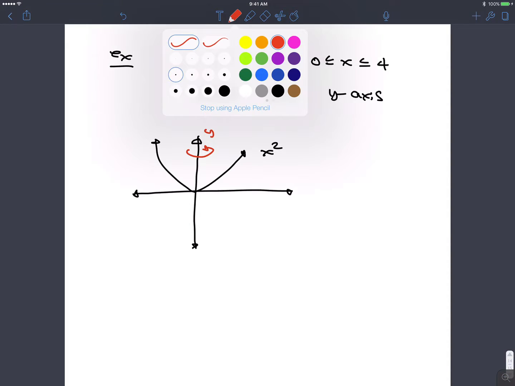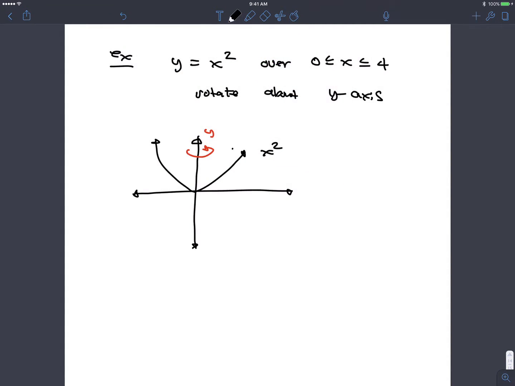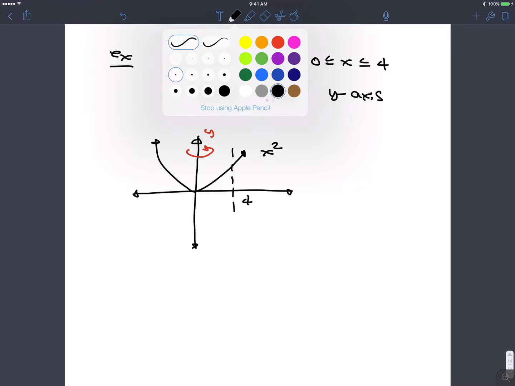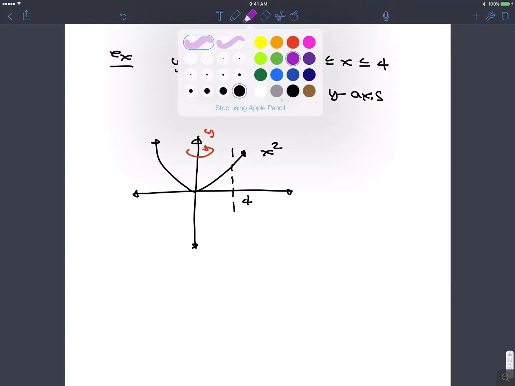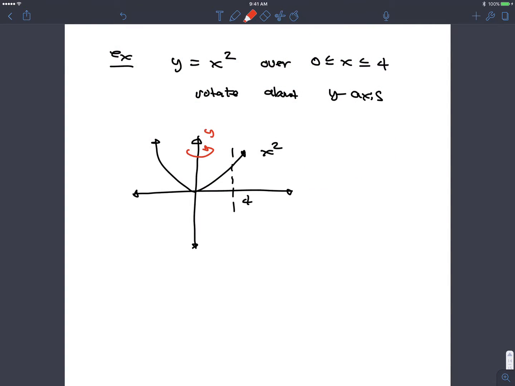And this is from 0 to 4. So let me sketch this. Let me rotate about the y-axis now. What does that mean? Let me get a nice little strip here again. Here's a strip for my ds.